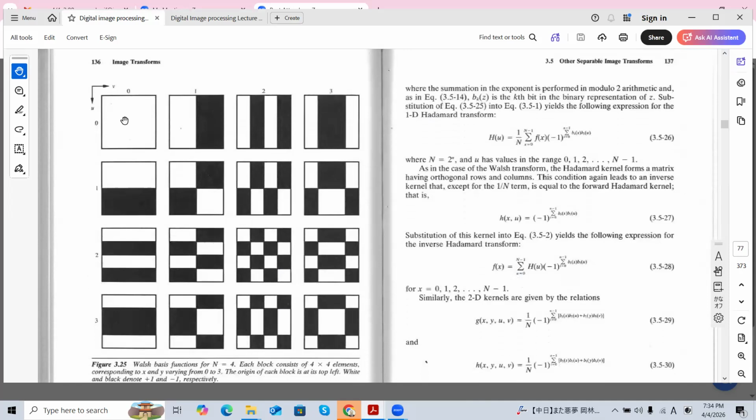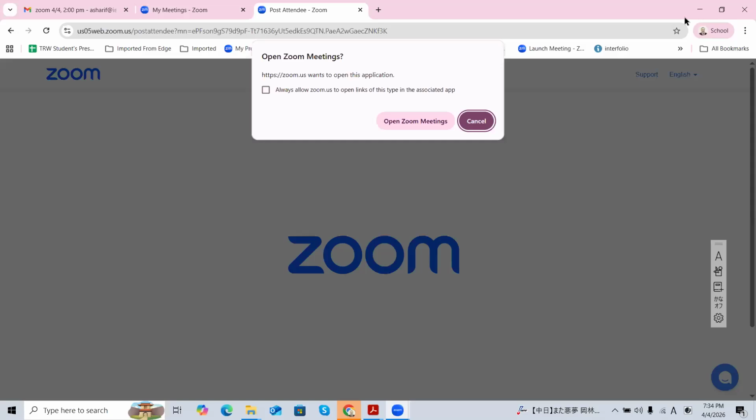If you put the image over this 4 by 4 pixel pattern, multiply each pixel by plus or minus and add, then you find the coefficient of the transform, for instance, Walsh. Now I would like to go back to the camera, for which I have to stop sharing.